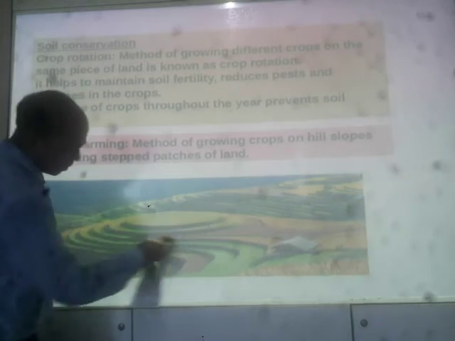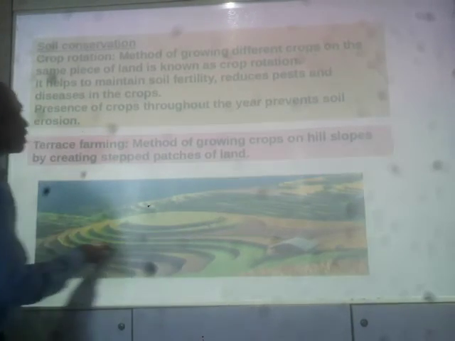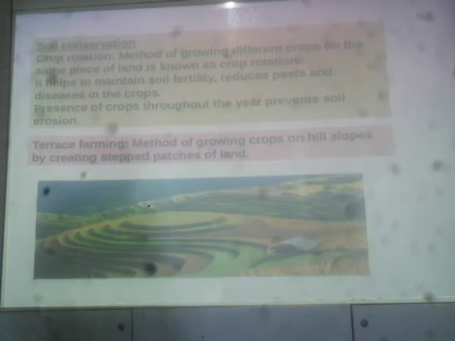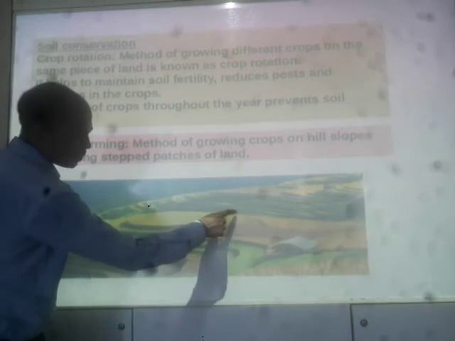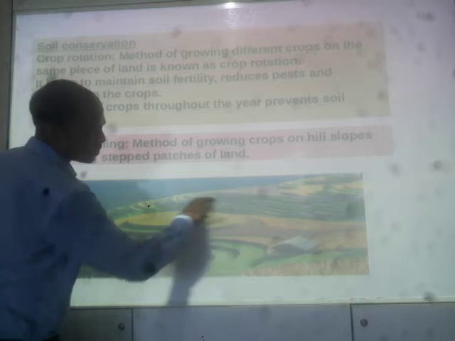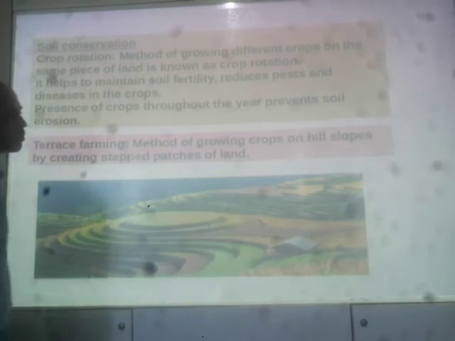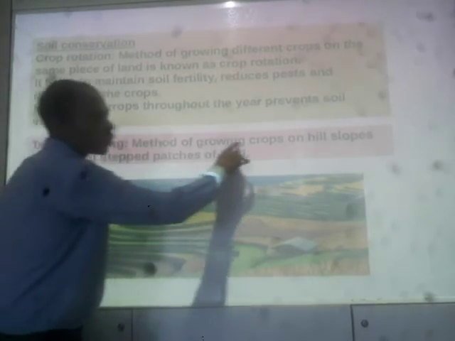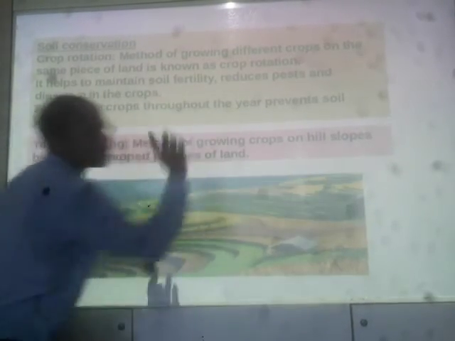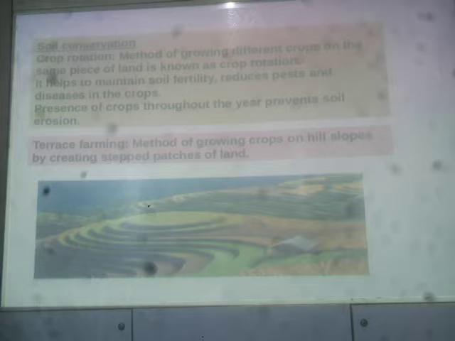See, terraces are made: steep slopes, stepped patches of land are made. Why are they made? They are made for growing crops. Crops are grown on the stepped patches of land. So terrace farming means the method of growing crops on hill slopes by creating stepped patches of land.